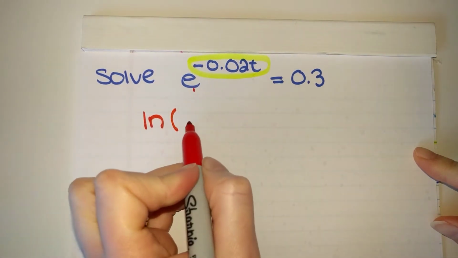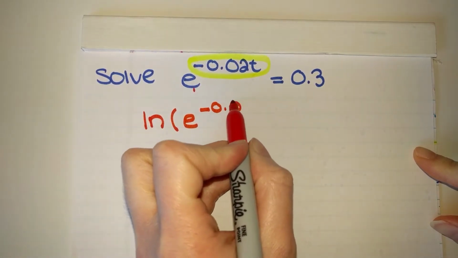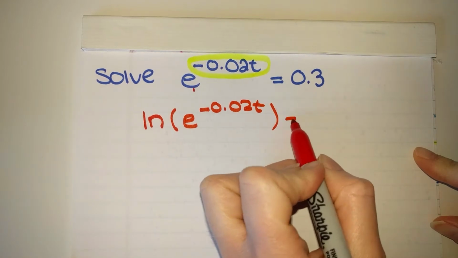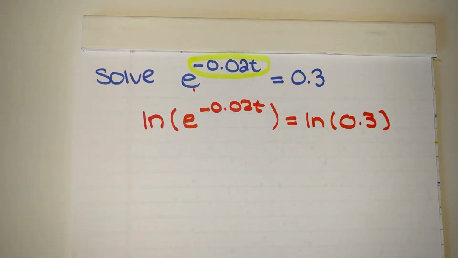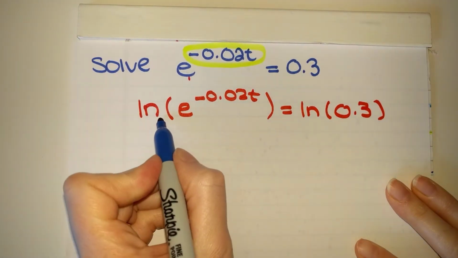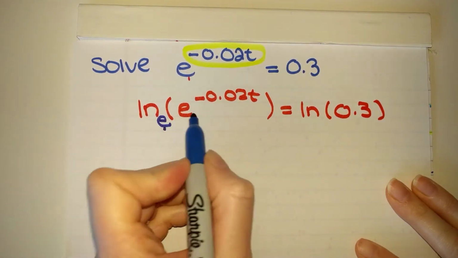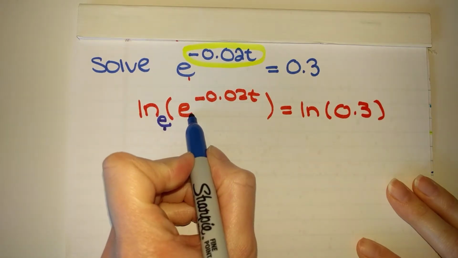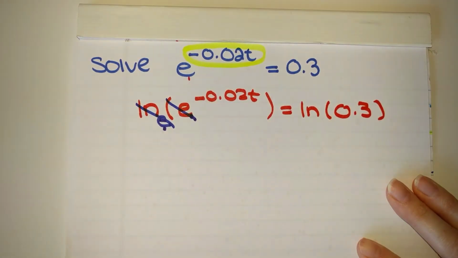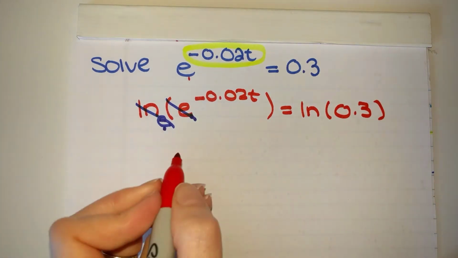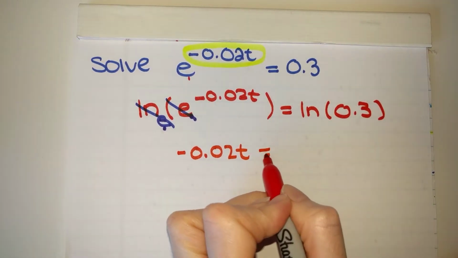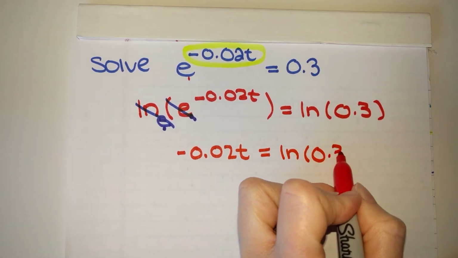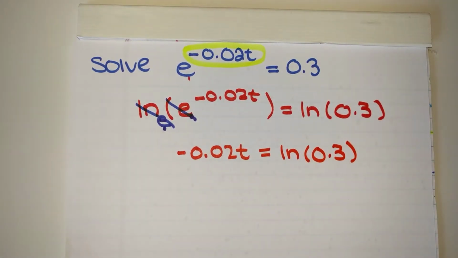I will take the natural log of both sides. The whole reason we're doing that is because the natural log has a base e, and this exponential term has a base e, so those will cancel. We will be left with negative 0.02t equals natural log of 0.3.